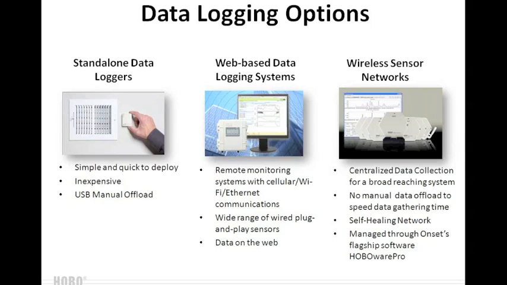There's no manual offload because the wireless nodes communicate with each other and gather data back to the central location. Our technology is based on a property that allows for a self-healing network. And the product itself is managed through our flagship software, HOBO Pro, which is good for any of our existing customers because it means you don't need to buy additional software.